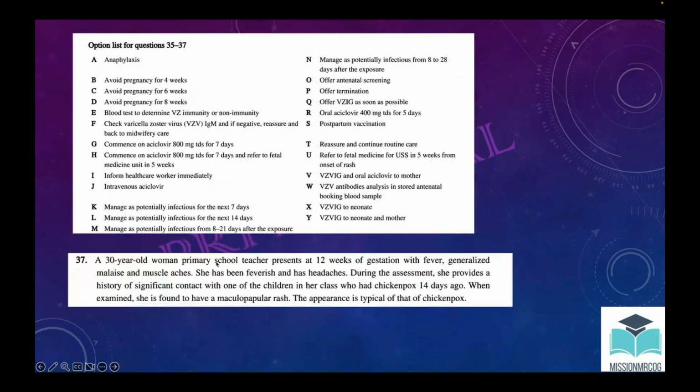A 30-year-old primary school teacher, 12 weeks, with fever, generalized rash, malaise, muscle ache, feeling feverish, headaches. On assessment, she has had contact with a child who had chickenpox. She has a maculopapular rash. The chest appearance is typical of chickenpox. What will you do? IV acyclovir.